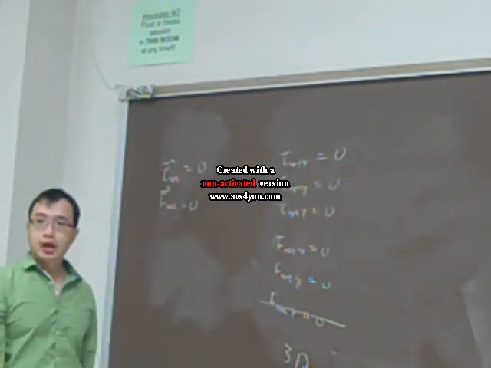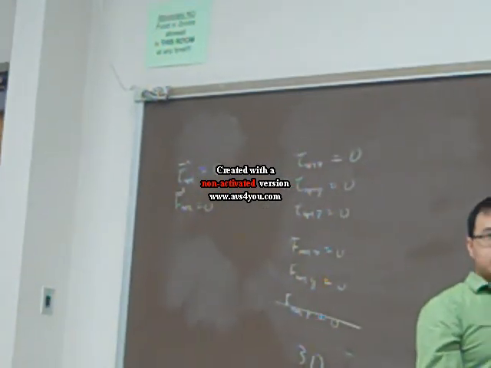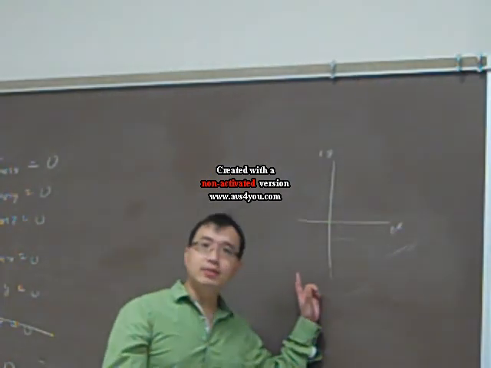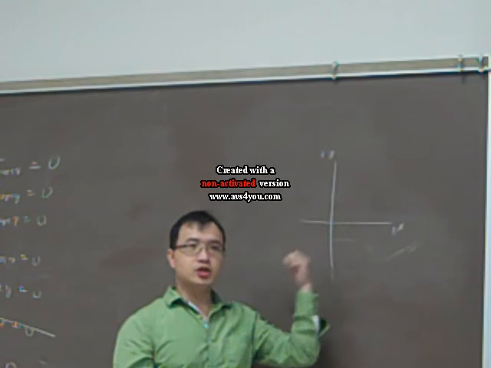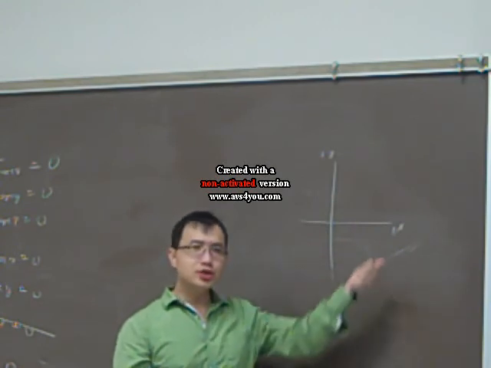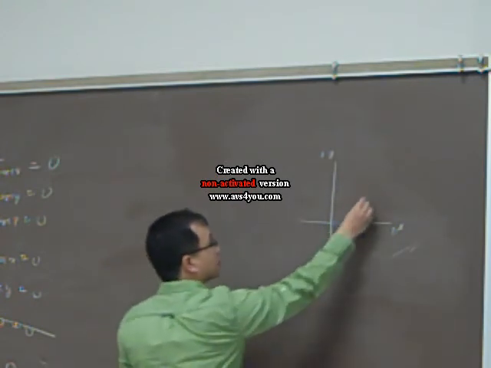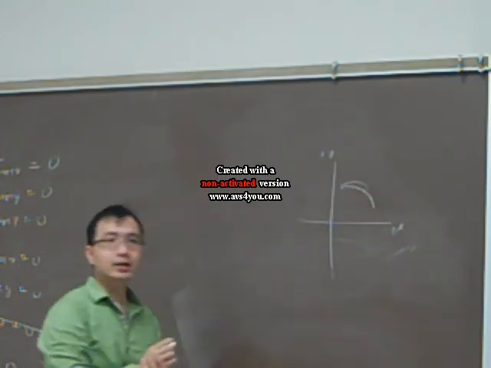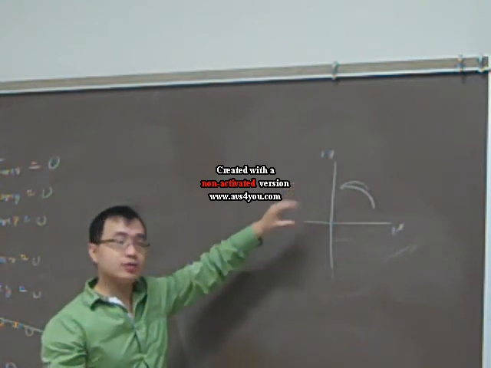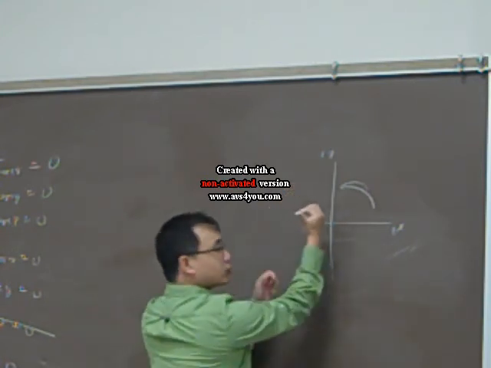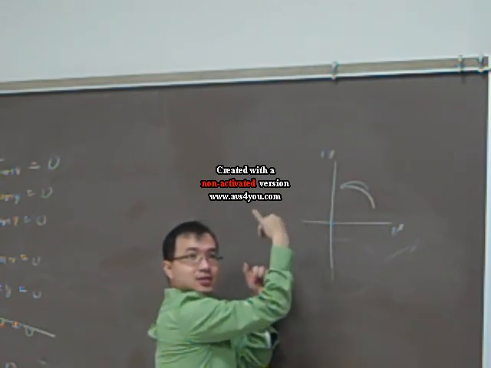Now let's look at the torque. The torque is in fact even better. The torque is about the rotation, and the rotation is in the plane. For example, if the rotation is in the x-y plane, that means the torque is about the z-axis.